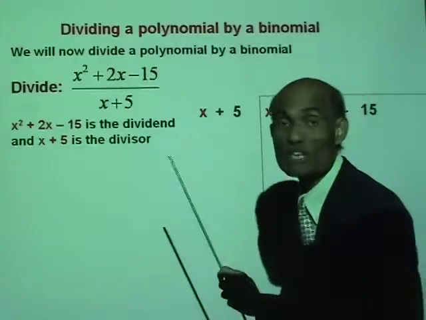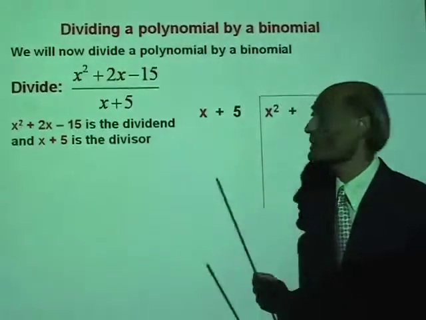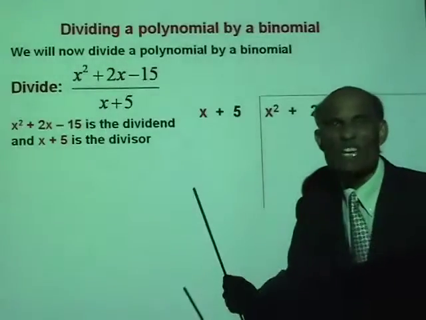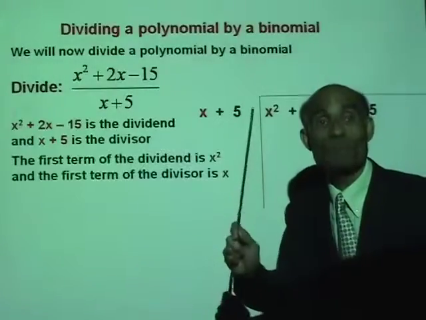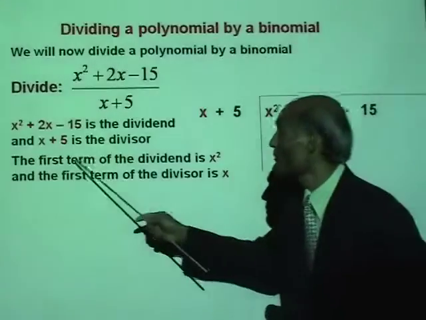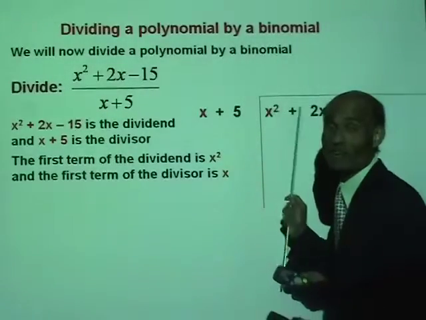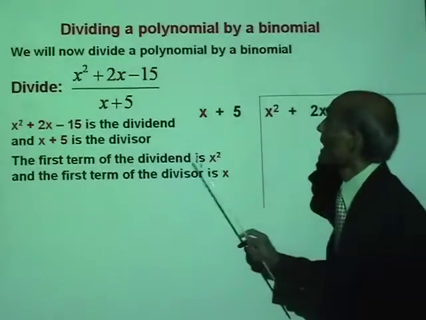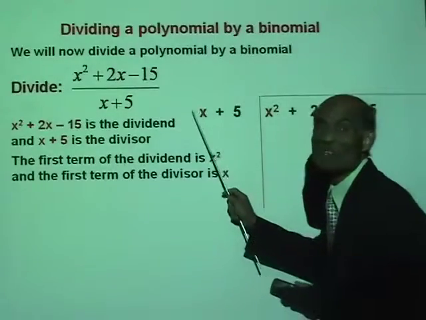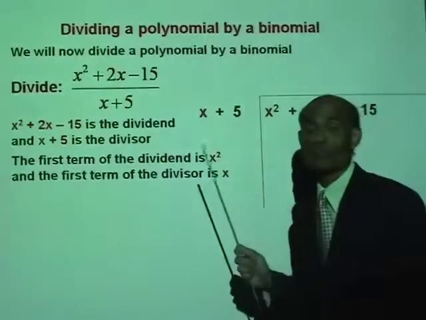X squared is the first term of the dividend, and x is the first term of the divisor. The first term of the dividend is x squared. I've colored that red. And the first term of the divisor is x.